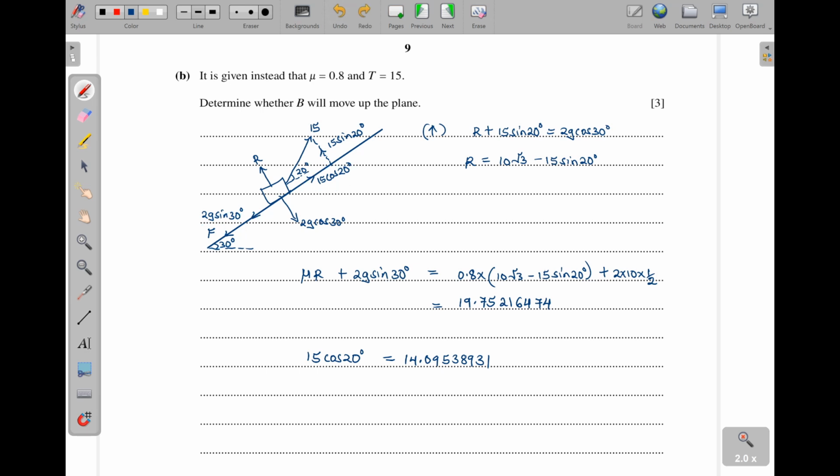As simple as that. So I would just say since 19.75216474 is greater than 14.09538, then B does not move up the plane.